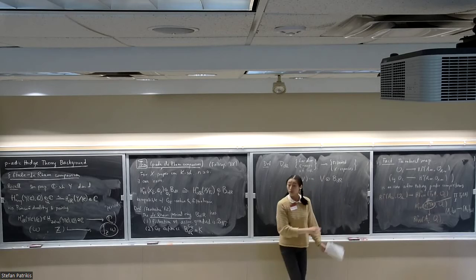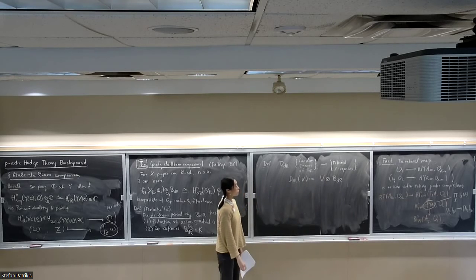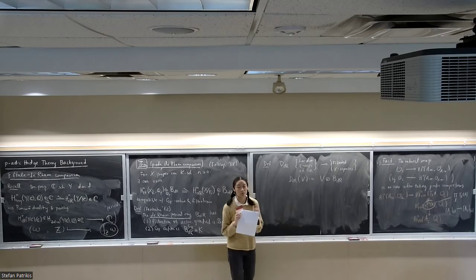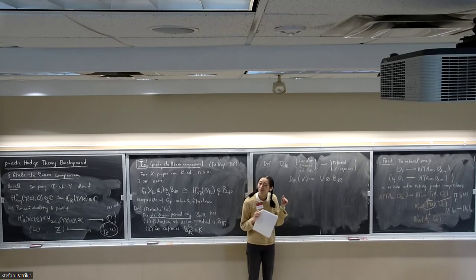So is it possibly a Q_p representation? I think usually when you start with the Q_p representation, you tensor it up to C and then you apply B-dR. Right, so you really need to remember the Q_p structure for the representation.